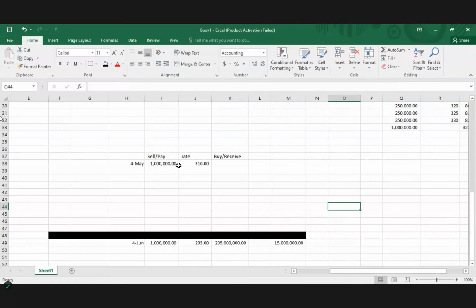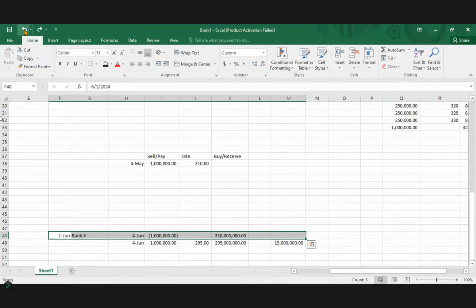Will this transaction of mine happen? You won't be getting paid. I won't get paid. So therefore, I will not settle myself also. Am I right? Yes. Because I would have settled my 310 on the 4th June. But 1st June itself, I know that this guy has gone bankrupt.